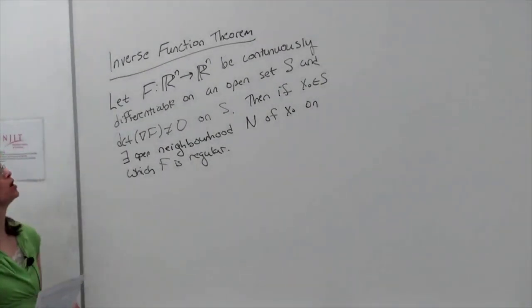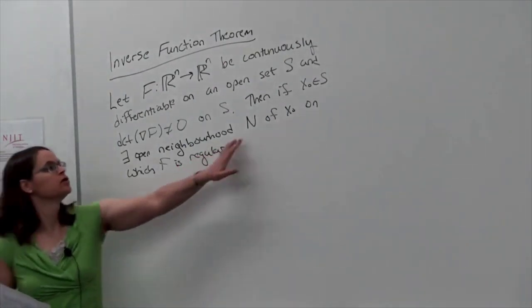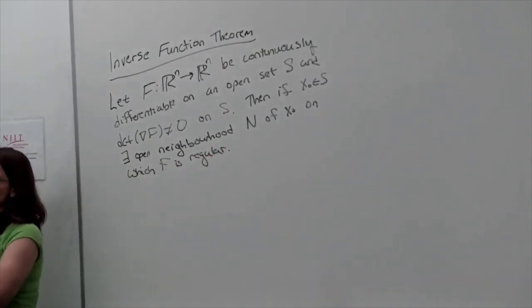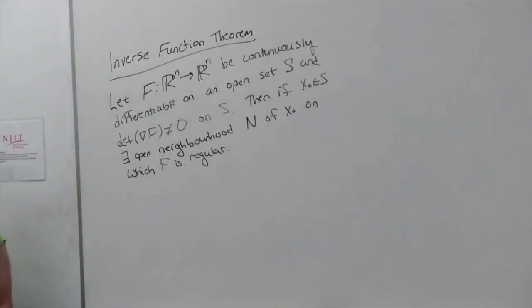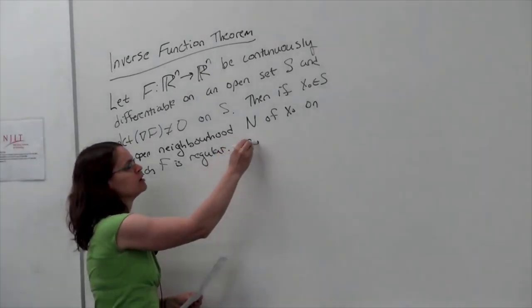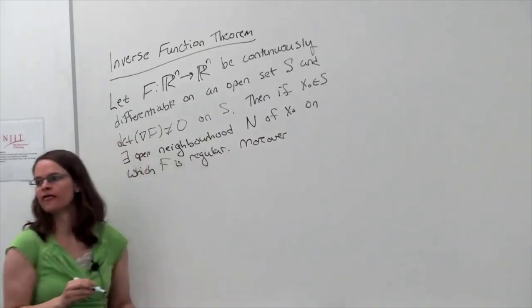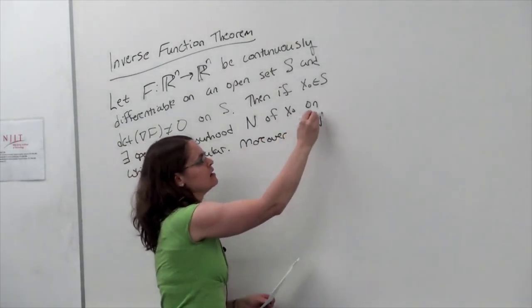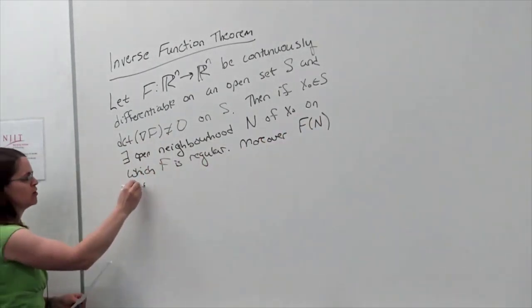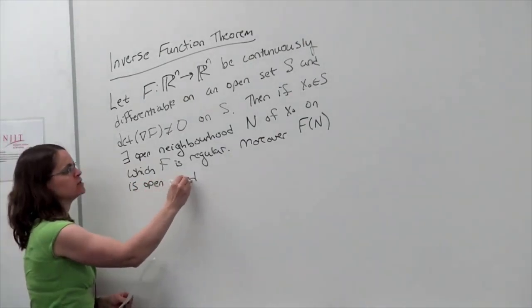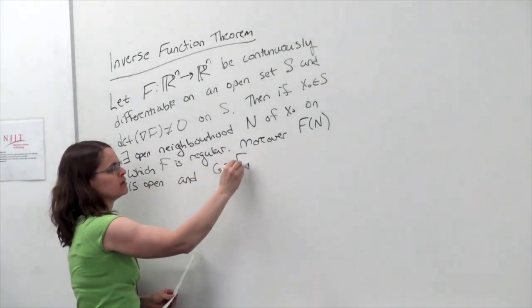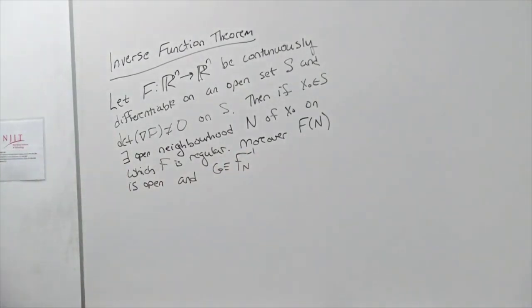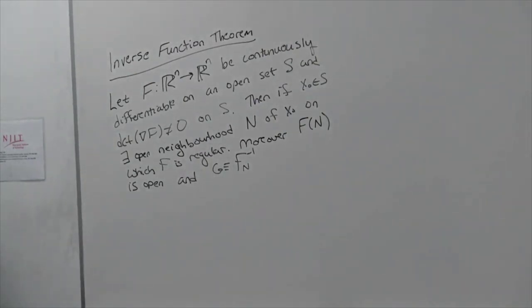Then we said beyond that, our open set here, which takes up some volume, maps onto another open set that also takes up some volume. That becomes important for proving a lot of these properties. Actually, this is the part, although it looks like a technical detail, that we're going to spend most of our time on today. So f of N is open, and we can define this local inverse. And this local inverse is basically as nice as our original transformation.